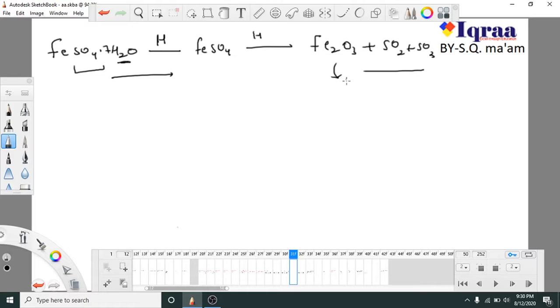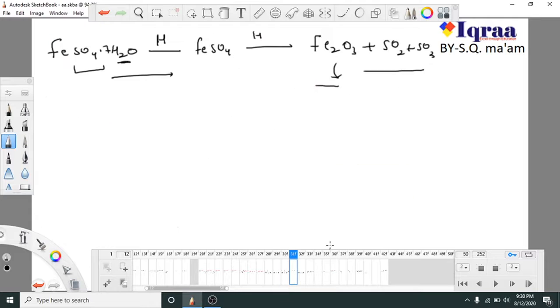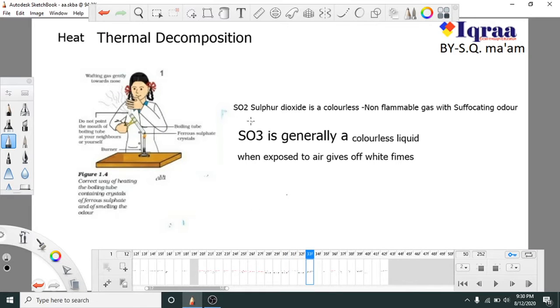So you can identify ferric oxide by its red color. It is red in color, you can see, and these two gases have their different properties. Let's learn about SO2.